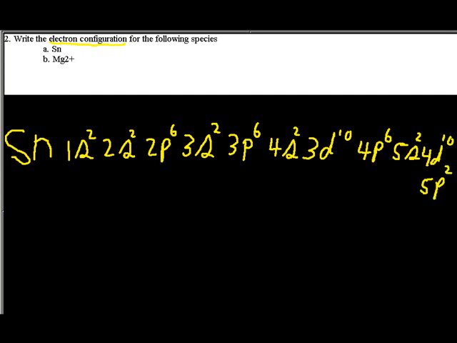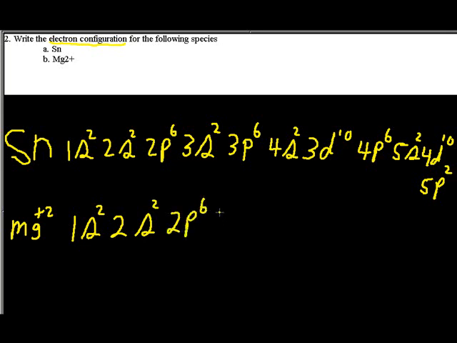What about magnesium, Mg? Now magnesium here is a +2, which means it has lost its 2 outer electrons. So if we were to construct it for magnesium, electron configuration is 1s2, 2s2, 2p6, and then 3s2.